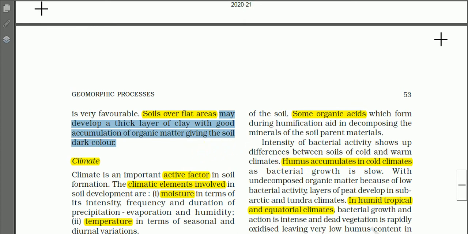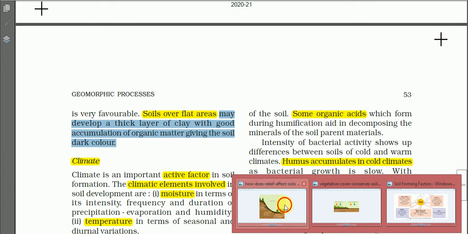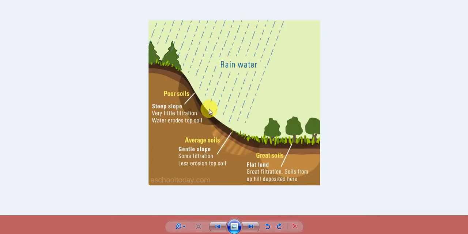Let us see one diagram. See here, this is a very steep slope area, and here we have very little absorption, very little filtration of water, and there will be erosion also. Here is the gentle slope area, and there will be some filtration, some absorption, and less erosion.